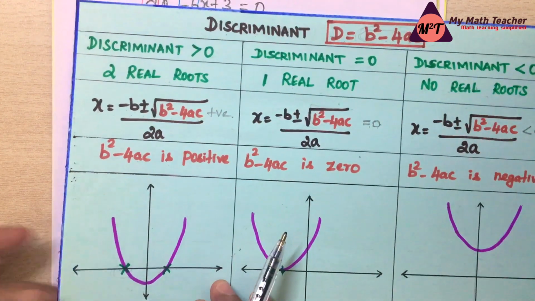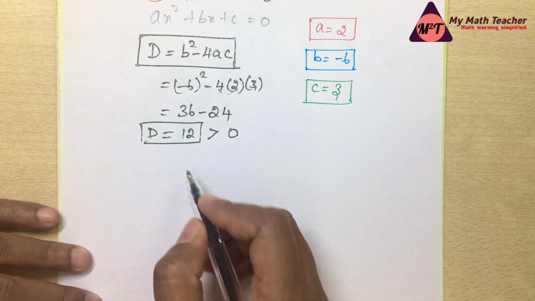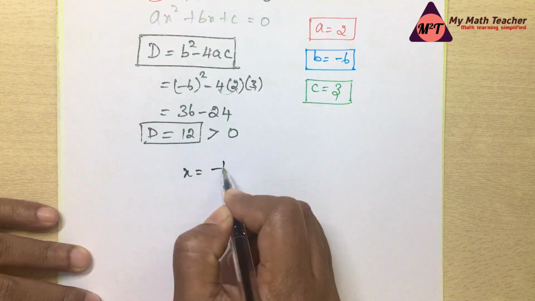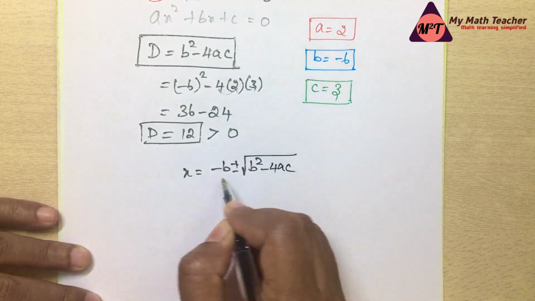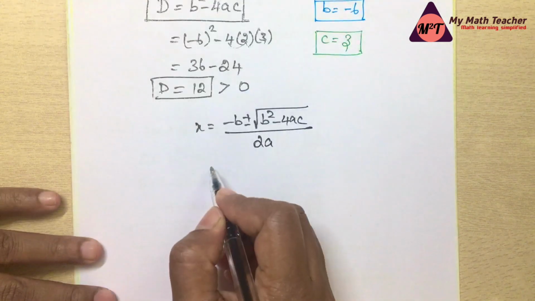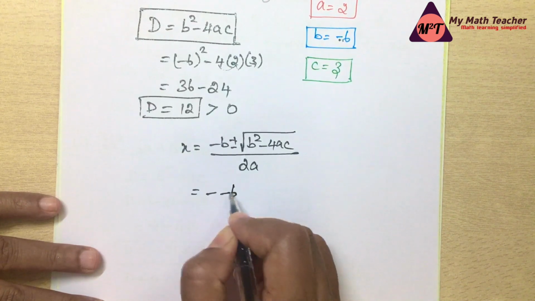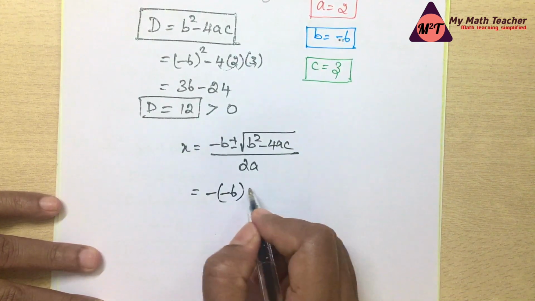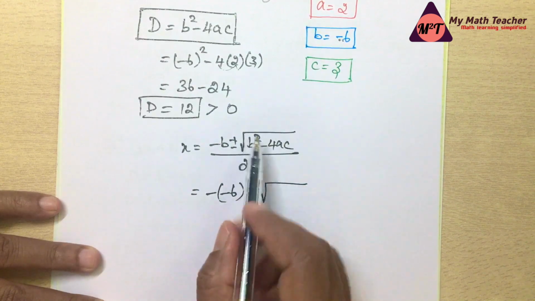Now we are going to find the actual roots. Let us find the actual roots using the quadratic formula. x is equal to minus b plus or minus square root of b square minus 4ac by 2a. Here minus b is again 6. So 6 plus or minus square root of b square minus 4ac.